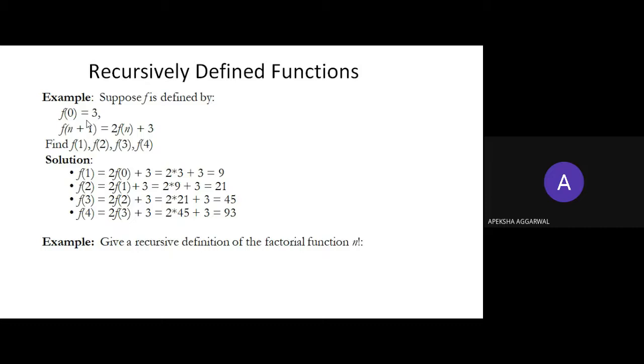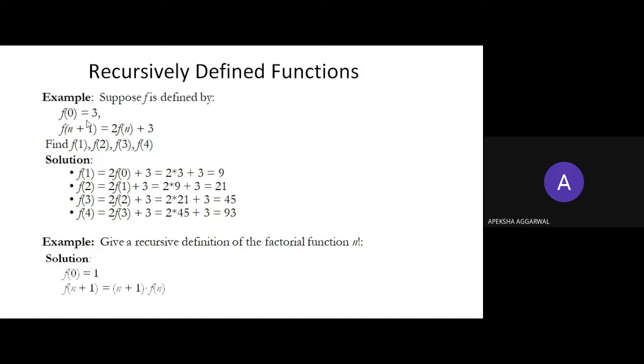Factorial of 0 into 1, right? Factorial of 2? Factorial of 1 into 2. Factorial of 3? 3 into factorial of 2. So this is the recursive definition: factorial of n is equal to n into factorial of n minus 1. Right?